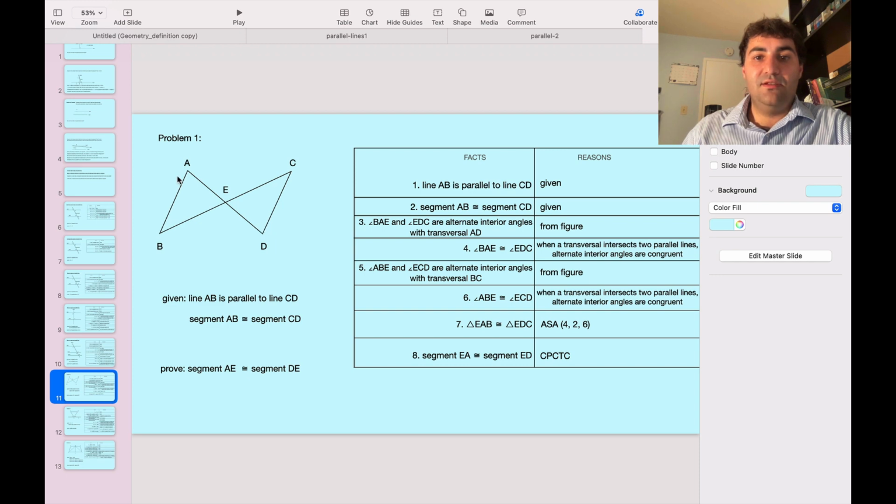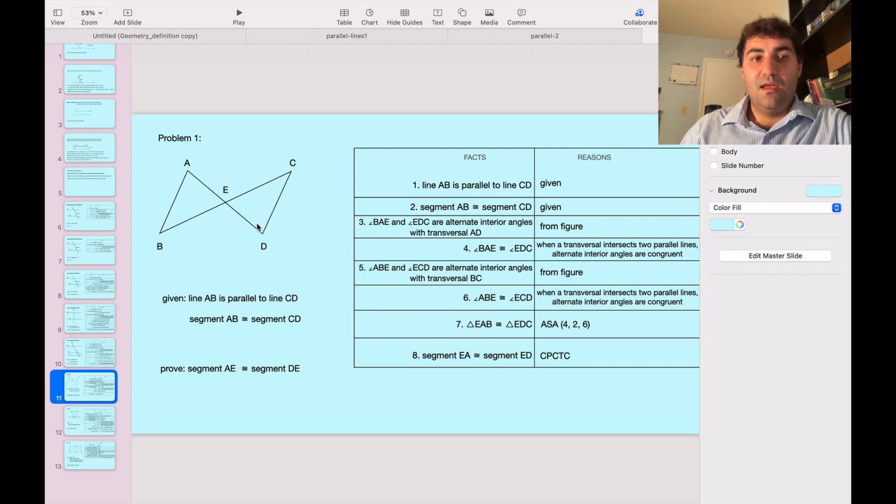And since these two lines are parallel, alternate interior angles are going to be congruent. So angle BAE is congruent to angle EDC.